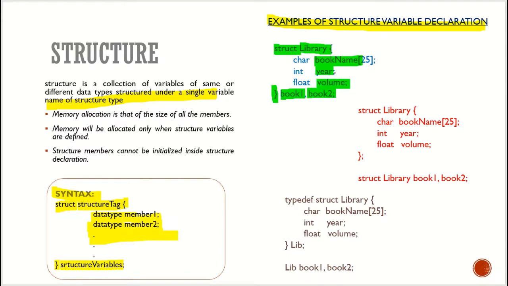To access any member of this structure we can use a dot operator. For example, to get the book name we can use book1 dot book name.